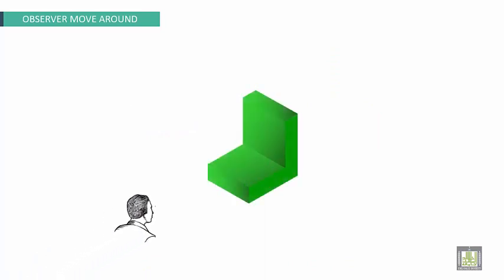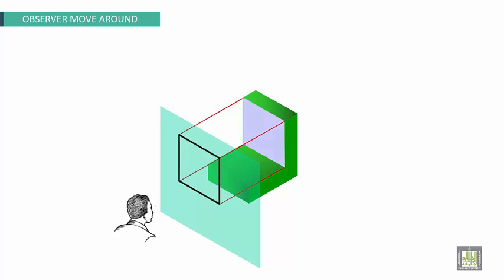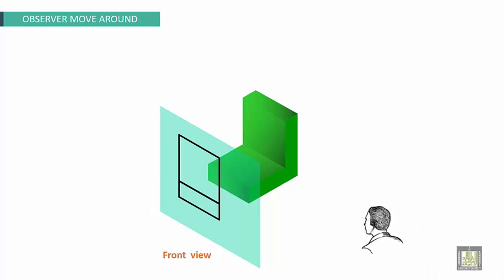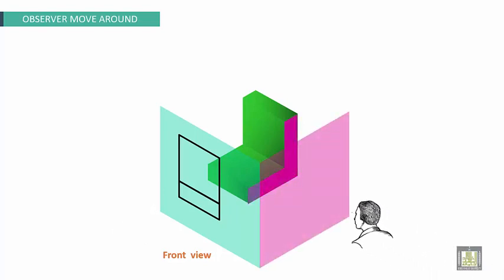We have an observer now in front of the object. Here, the observer can see the front view. Now, the observer revolves from the other side.